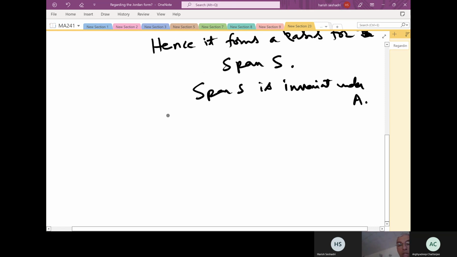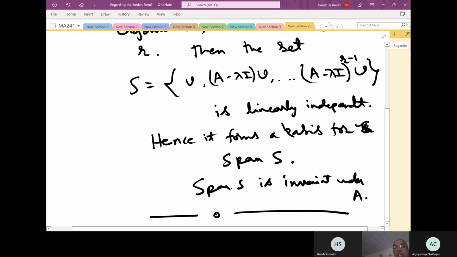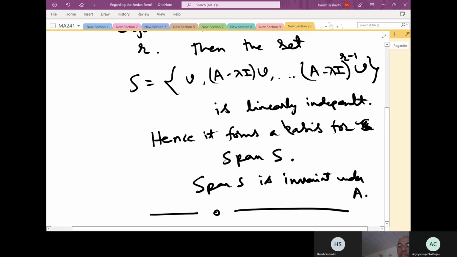But again, actually computing this basis consisting of generalized eigenvectors is quite messy. If it were just for this kind of thing, it's okay.